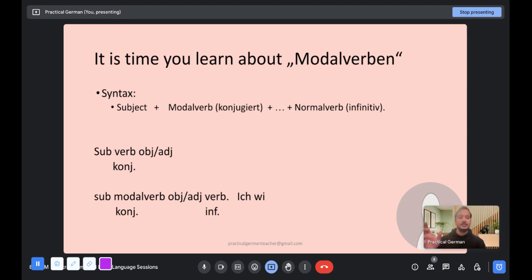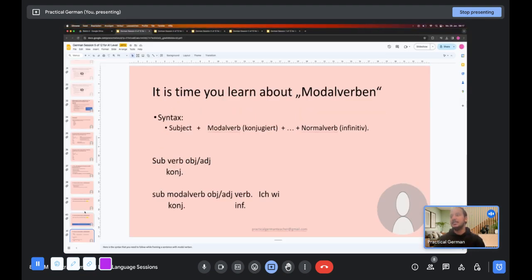Just take the yes or no question, keep it as it is, push it to the right, and keep the W word at the beginning. So it's W word, modal verb, subject, and so on, normal verb. Remember, in all these three sentence types, the normal verb, the actual verb, is still at the last position. Don't make this mistake. It's very important; in the exam, they will cut your marks.